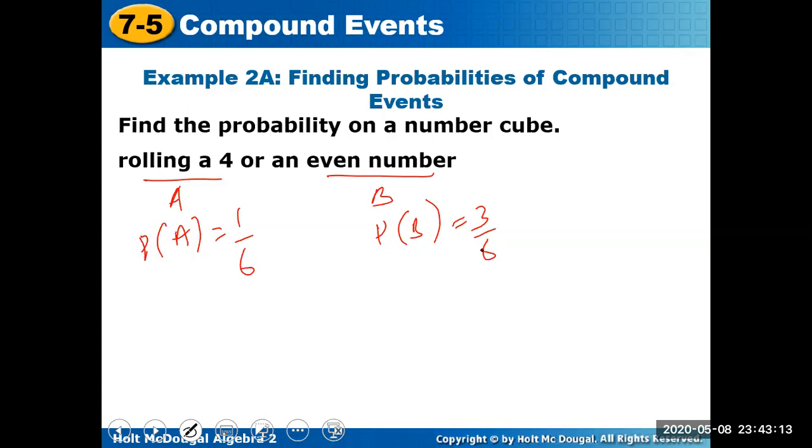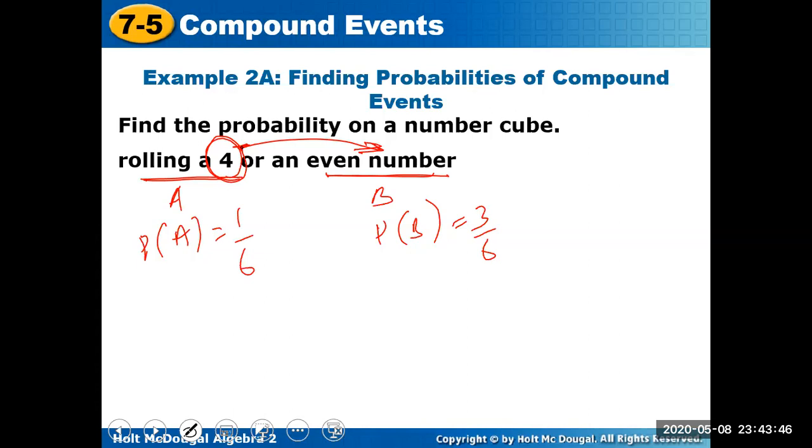Right? So according to our formula, but as I know here, the number 4 is also an even number. So these two events A and B are not exclusive, but they are inclusive, because they have something in common. The number 4 is also an even number. So probability of 4 and even also exists.